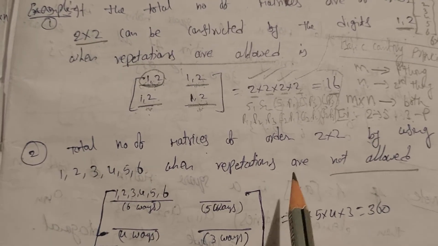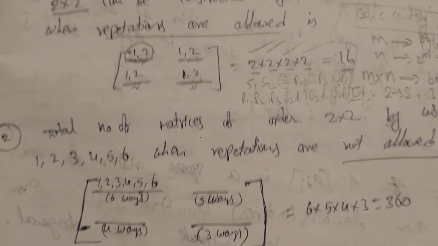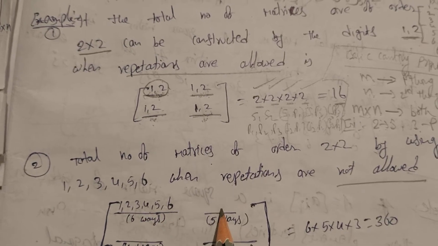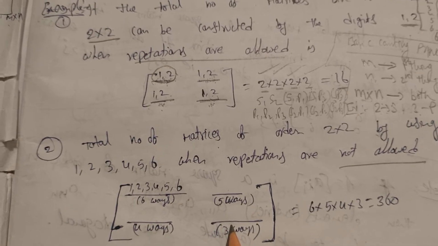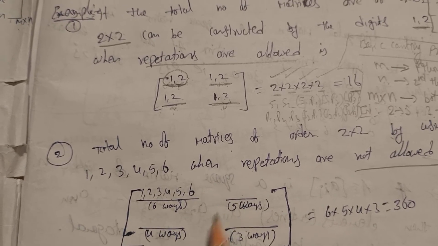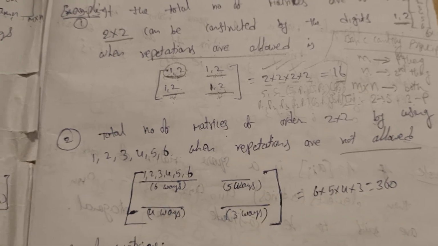Repetitions are not allowed. Same as before, we have to complete these 4 subworks, then only this total work is completed. So take the results of these 4 subworks separately and multiply them. That gives the total work result.